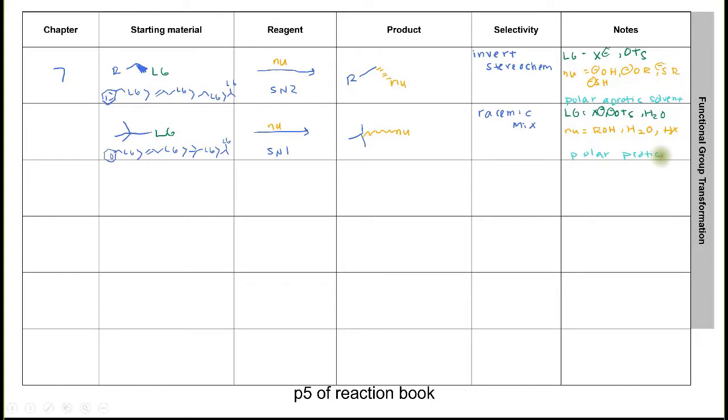All right, so there's two, and then I have two more reactions on this page. This is another SN1 reaction. This involves an OH. So we know that this is a bad leaving group. But we can make it a better leaving group by adding HX.